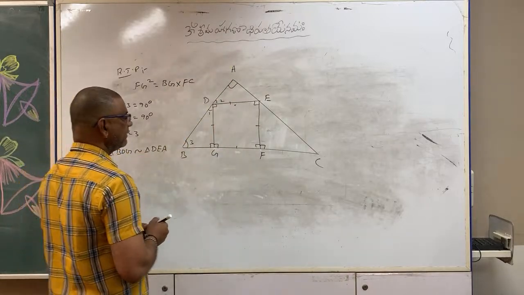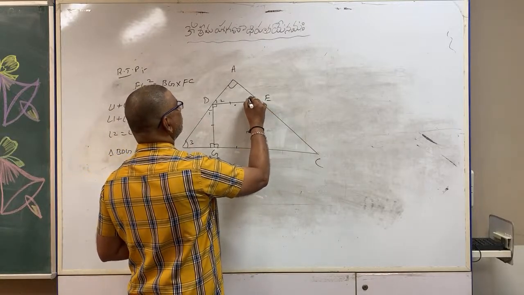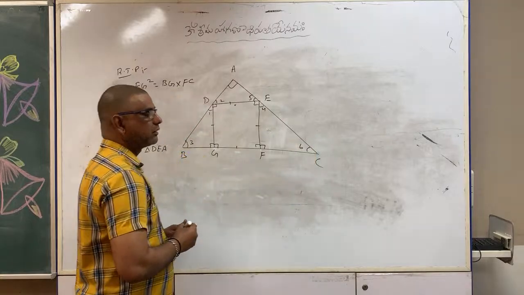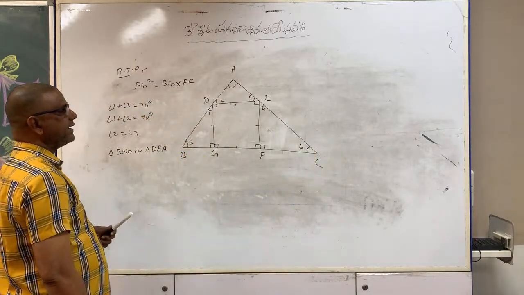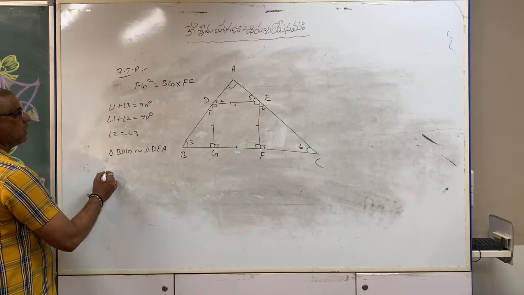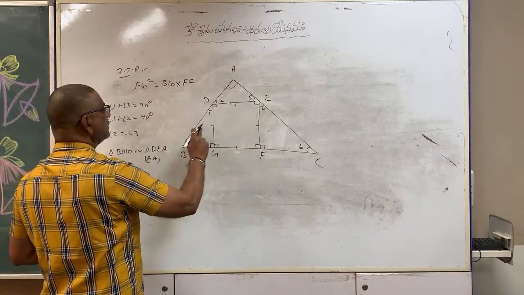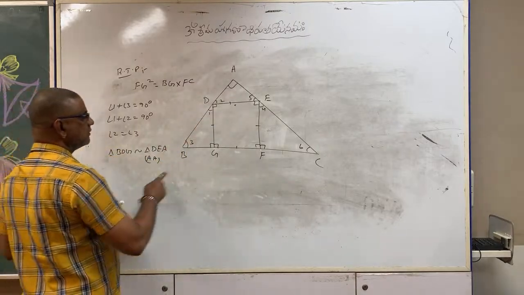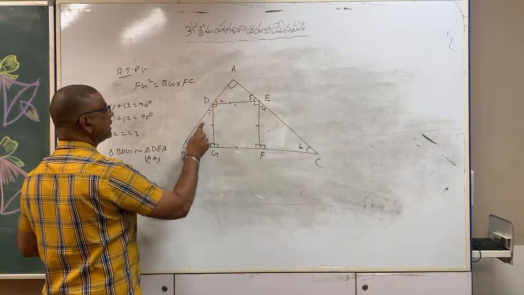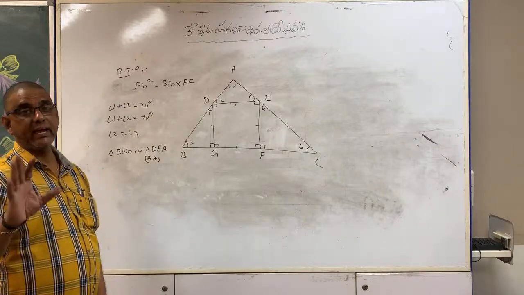In the same way, I name this one as 4, 5, 6. By AA similarity, these two are similar because of the 90 degrees and angle 3 is equal to angle 2. So these two triangles are similar by AA similarity.